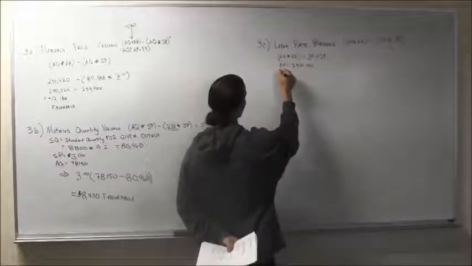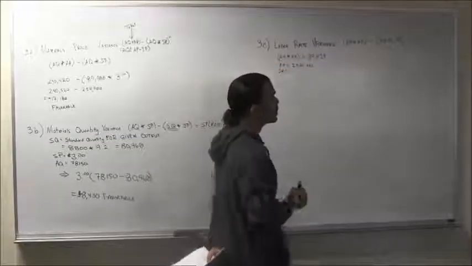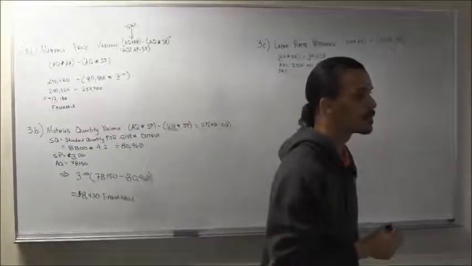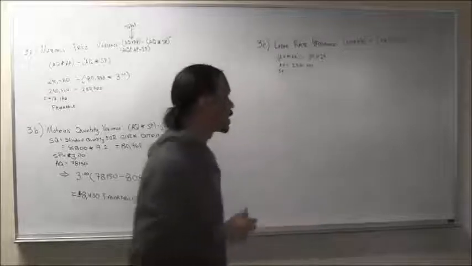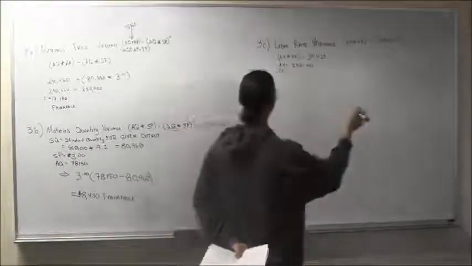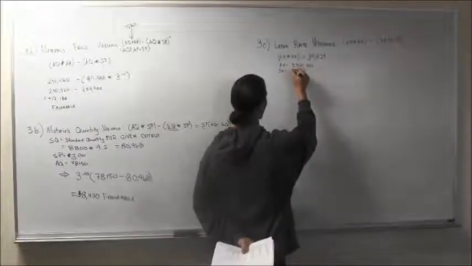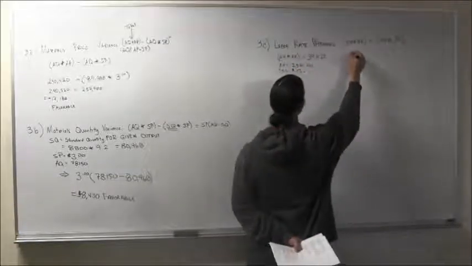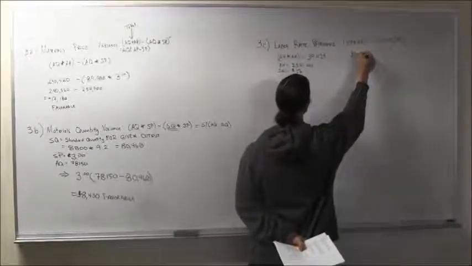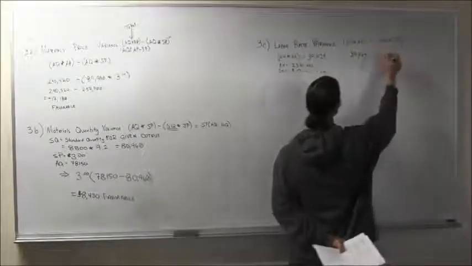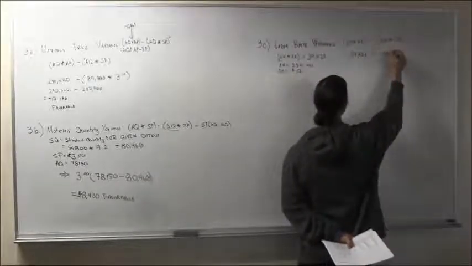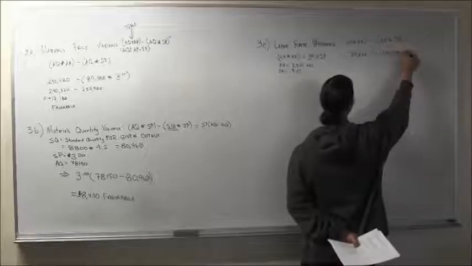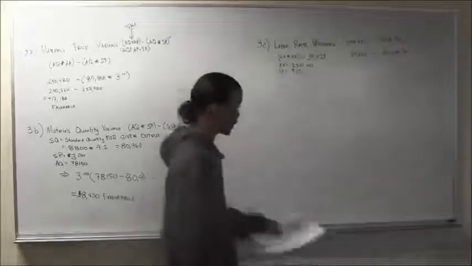And then the standard rate is $17 per hour, just the standard that they give you. So this now becomes 39,424 minus 2,560 times 17.